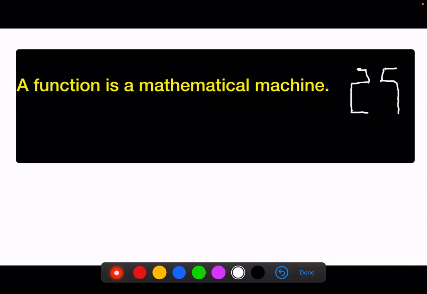Okay, guys. So यहाँ से आपको input डाले जाएगा. So you have input, and then यहाँ से आपको output आएगा. ऐसा एक machine है, mathematical machine है.